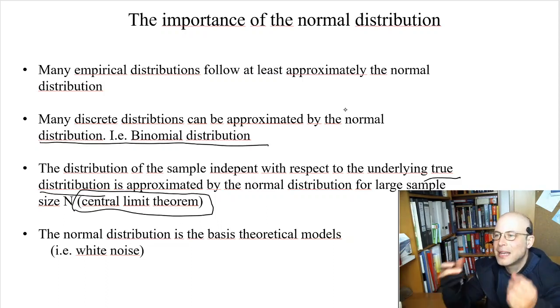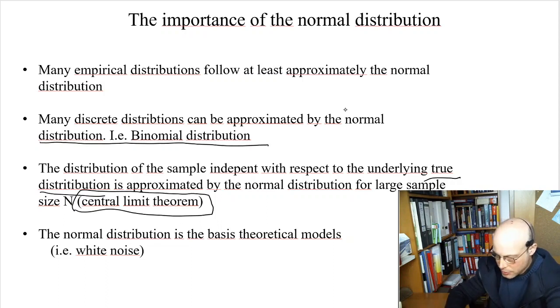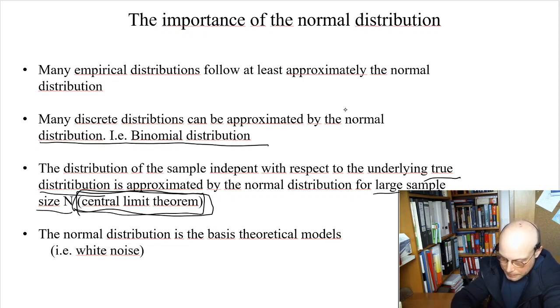If our sample is very large, so if we have 1,000 or 10,000 events or so on, then because of the central limit theorem we can say that the mean of our sample will follow approximately the normal distribution.